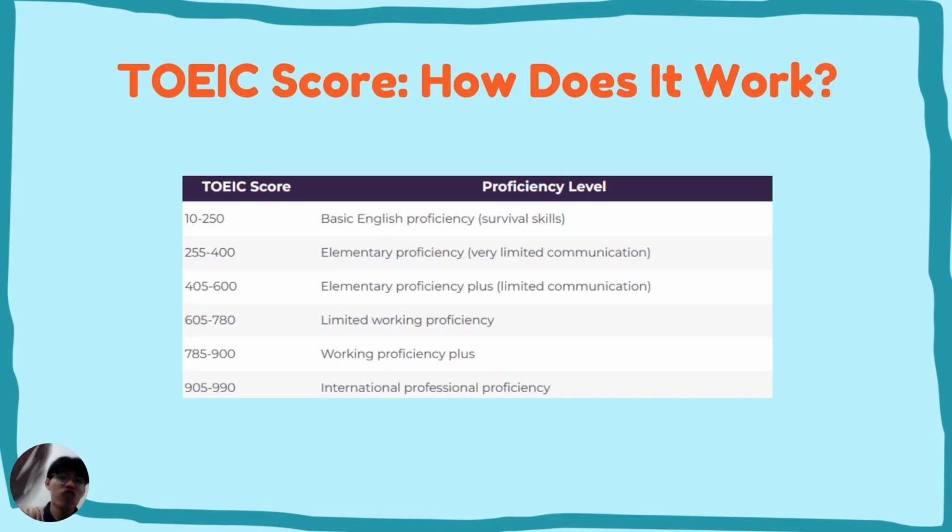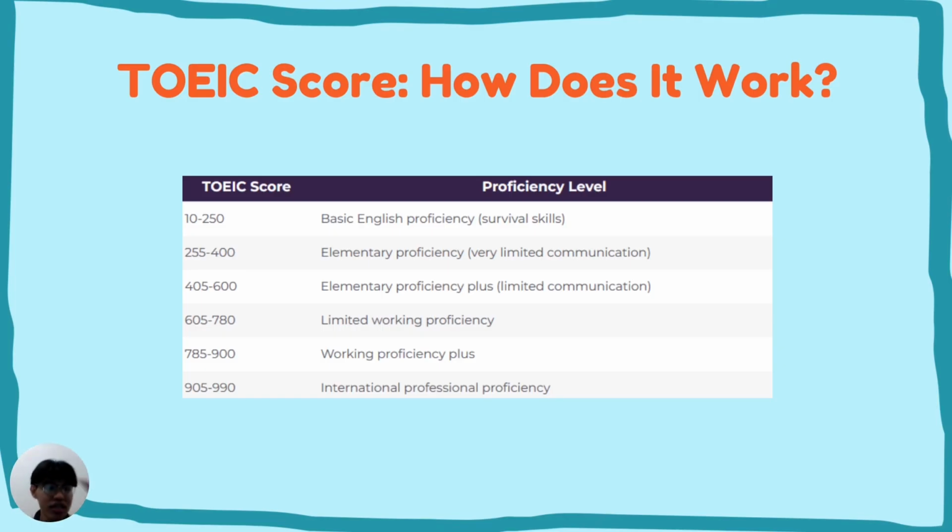Okay, this is how you can see how the TOEIC score works. As you can see, a TOEIC score from 10 to 250 is only basic level. 255 to 400 is elementary proficiency. 405 to 600 is elementary proficiency, still limited communication but with a plus.